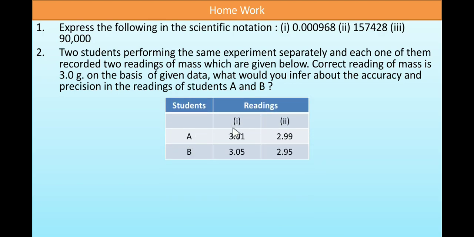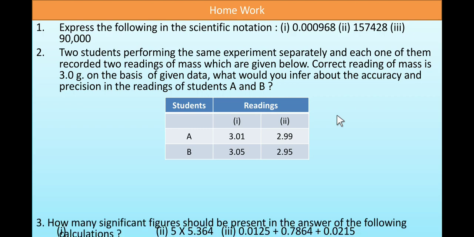Student A and B, reading 1, reading 2, are given below. The correct reading of mass is 3.0 gram. On the basis of the given data, what would you infer about the accuracy and precision in the readings of students A and B? Who is accurate, who is precise? We have to discuss and give the answer with explanation.